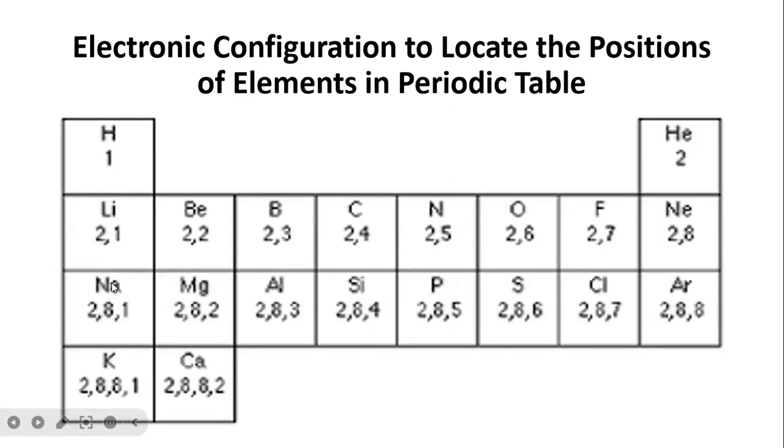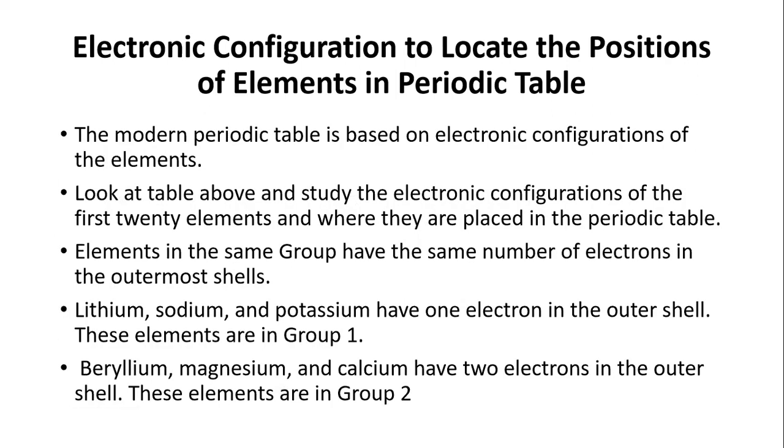So in this group 1, the outermost shell has 1 electron in the electron configuration of these elements. So lithium, sodium, potassium have 1 electron in the outermost shell.